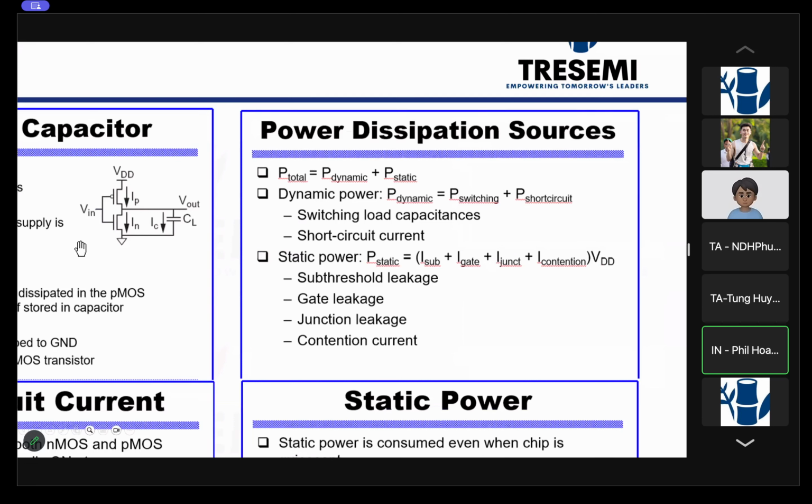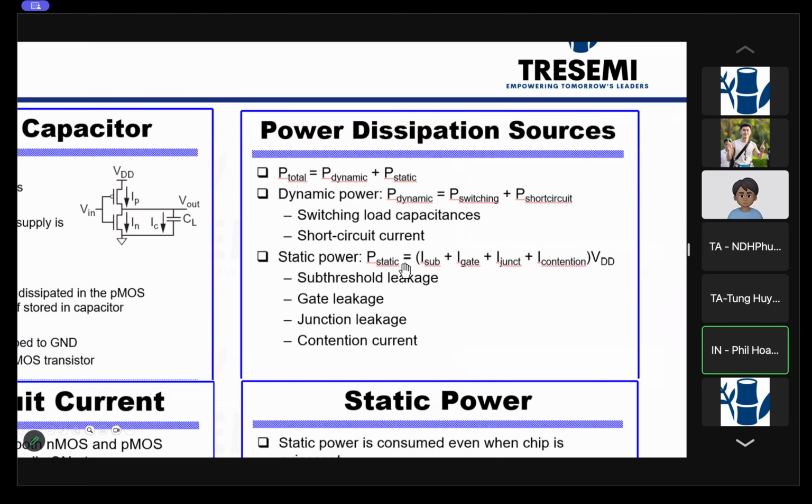But as Vin goes up, I cannot draw because I'm zooming in. But if Vin goes up and it's slowly going up, then when Vin passes the thresholds of these two, there's a short circuit current that goes from VDD to ground. That part is part of the dynamic power when you switch.